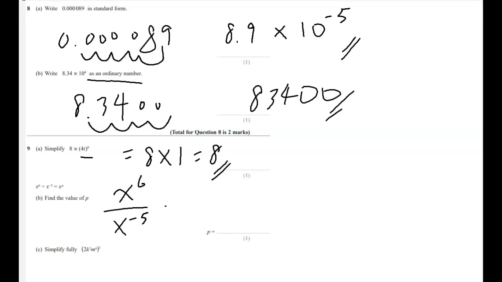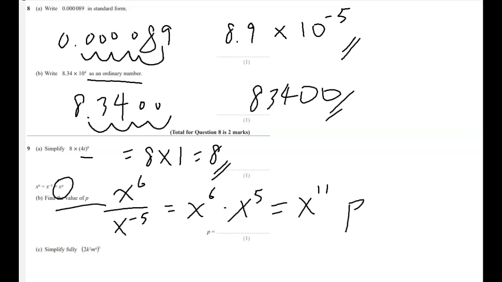What we would do is x to the 6 multiplied by x to the power 5, because now we shifted from the bottom all the way up, so we can get rid of the negative sign to make it x to the power 5, and this would then become x to the power 11. Because the question is asking for the value of p, the value of p would now be 11. So that's the final answer for part B.